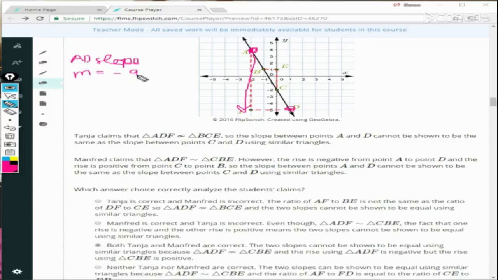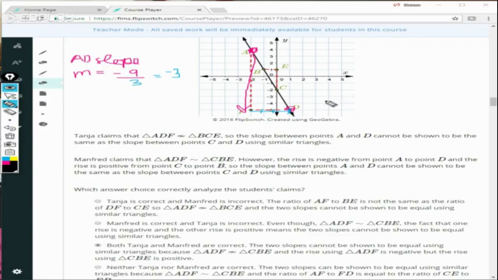That means I have a negative 9 all over, and this is the part they are forgetting. Slope is rise over run. So I've got to make it to the point D. 1, 2, 3. Okay, negative 9 over 3 reduces to negative 3. So the slope from A to D is at a rate of negative 3.